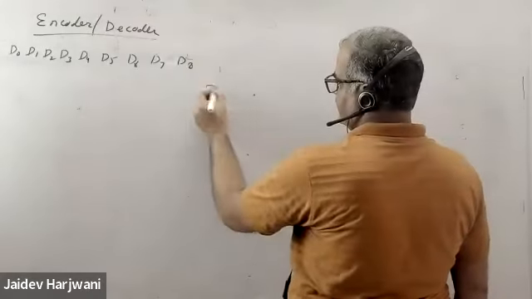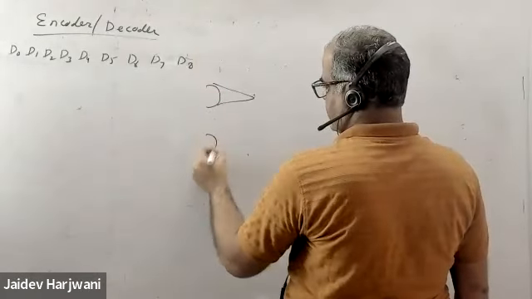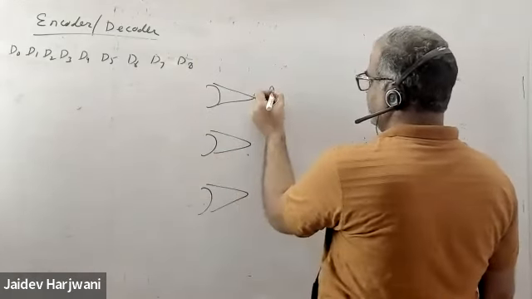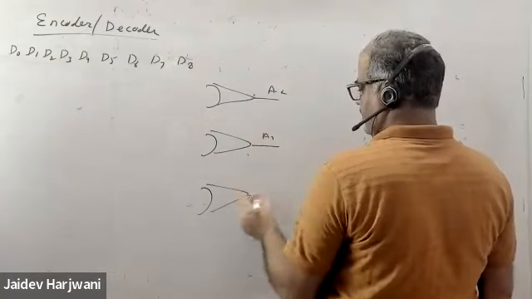And I have here these OR gates. I want A2, A1, A0.